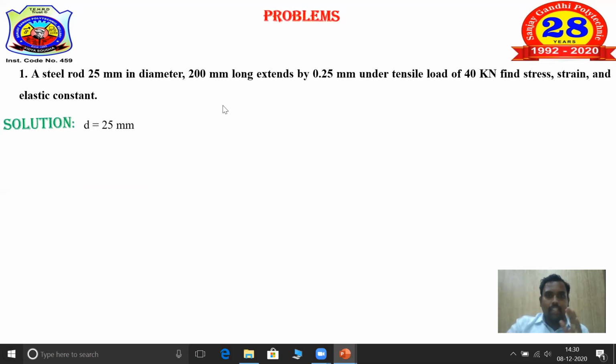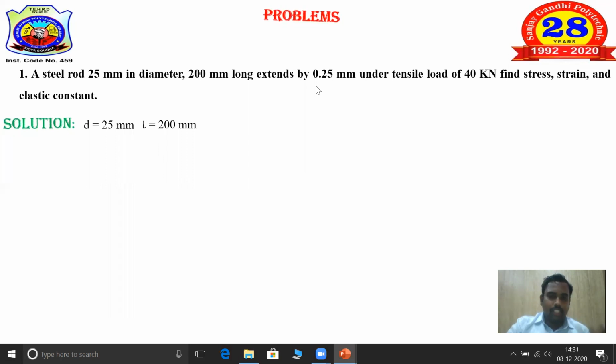Next, 200 mm long. Long is nothing but length. So length, L, is equals to 200 mm. Then, extends by 0.25 mm. He is telling that extends is nothing but increase.